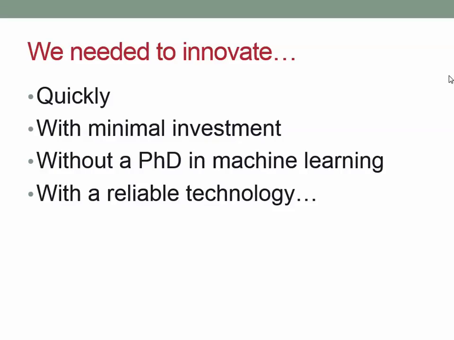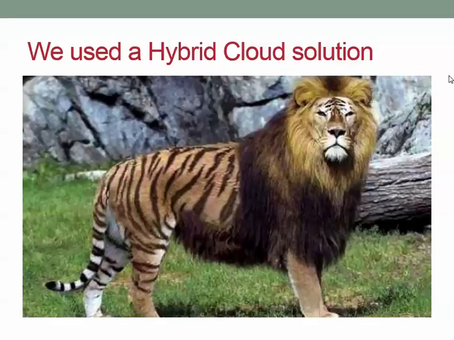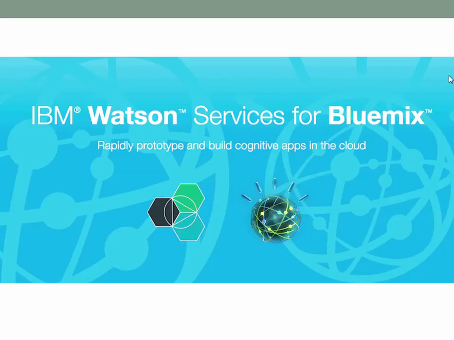We needed to innovate quickly with minimal investment and with a reliable technology that we could count on. So we created a hybrid cloud solution. This allowed us to innovate quickly with the capabilities of our team and with a solution that we could trust. And we used the Watson Developer Cloud on Bluemix.